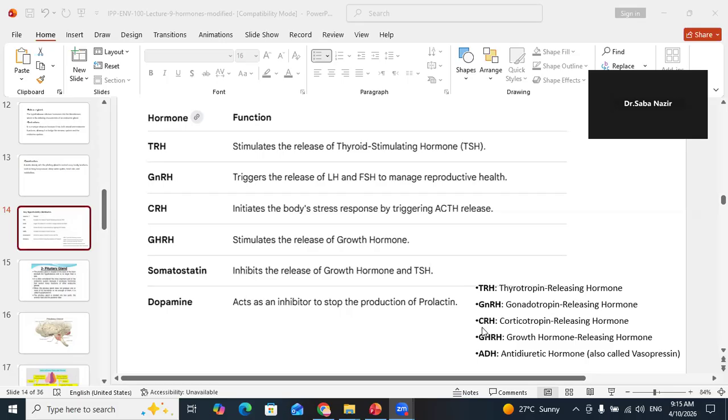The next is CRH, corticotropin releasing hormone. It initiates the body's stress response by triggering ACTH release. Basically, corticotropin releasing hormone is linked with these stress responses.